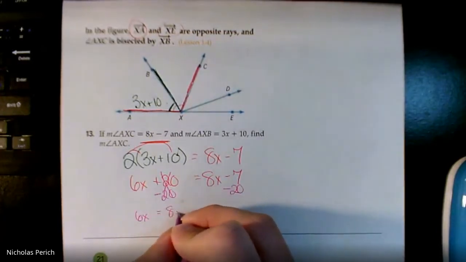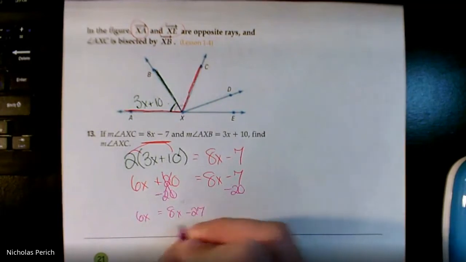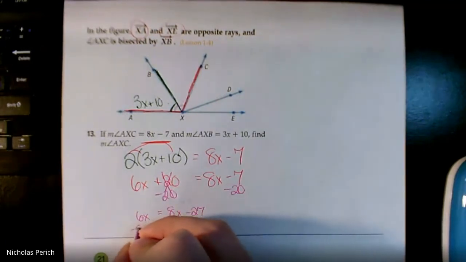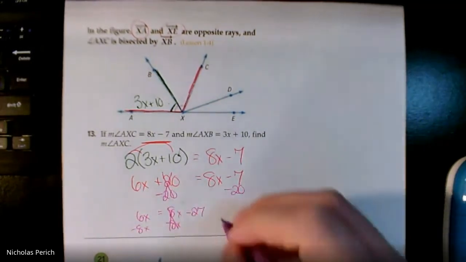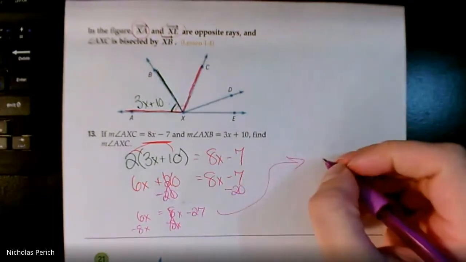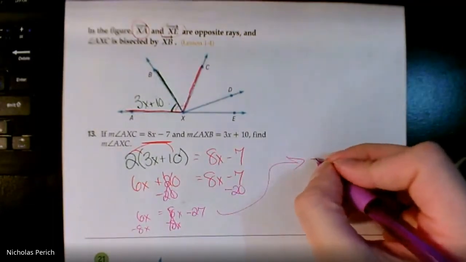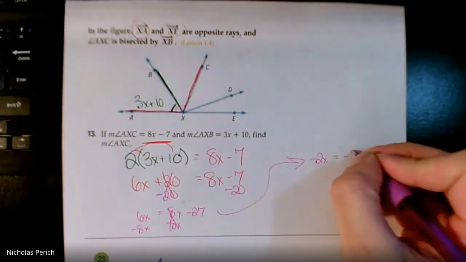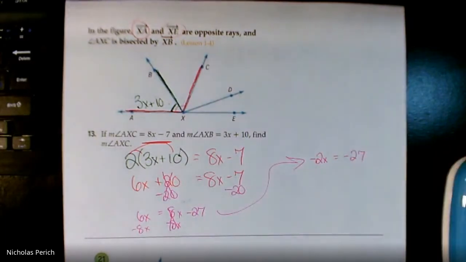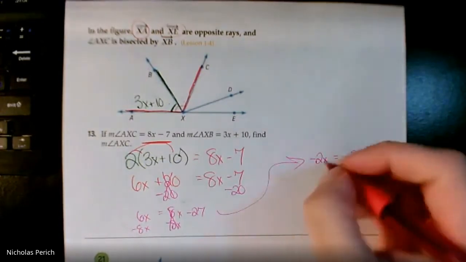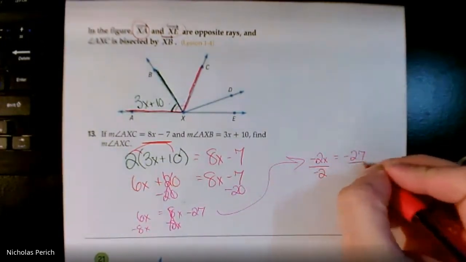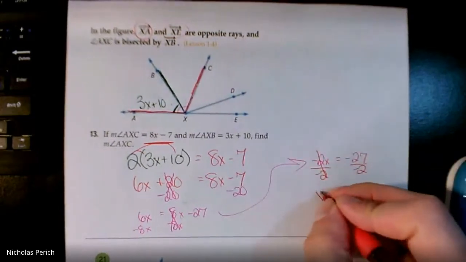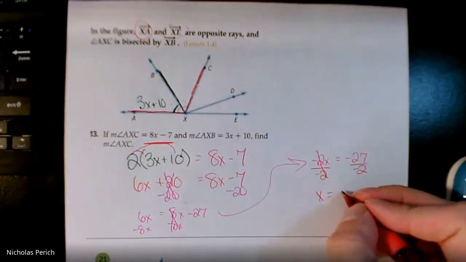That equals 8x minus 27, minus 8x, minus 8x, cross out. And I get negative 2x equals negative 27. Divide both sides by negative 2, and x equals positive 13 and a half.